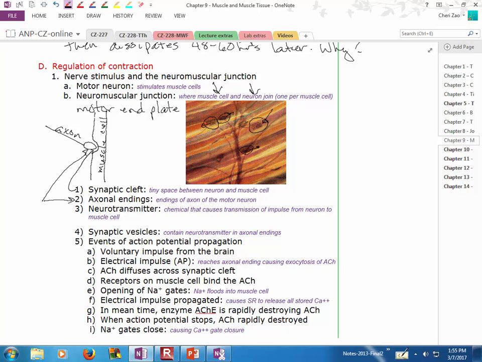Inside the axonal ending is going to be a chemical that causes transmission or spread of an impulse from the neuron to the muscle cell.